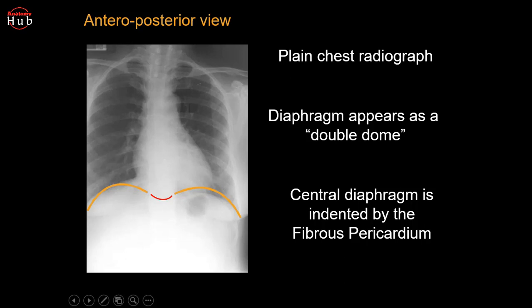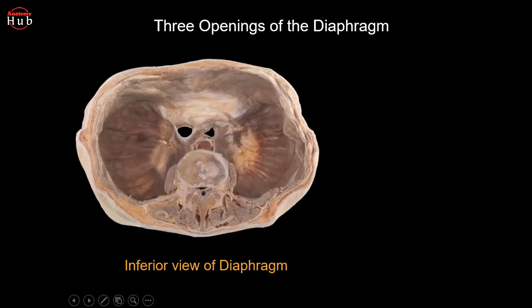It is fused with the central tendon, and here you will see the inferior view of the diaphragm. You are inside the abdominal cavity, looking at the top towards the roof. Here you can see the muscles, the psoas major and the quadratus lumborum muscle, lined by the thoracolumbar fascia and the arcuate ligaments.